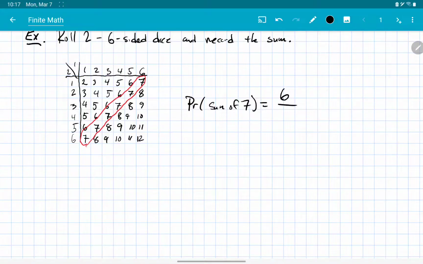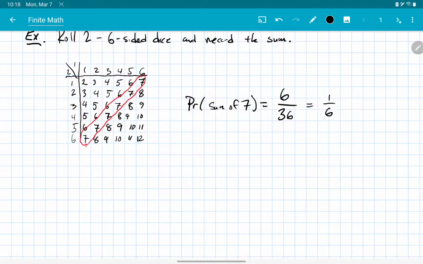There are a total of 36 sum outcomes in this table. So this would be 6 over 36, or 1/6 of the time. That's about 17%, or 0.16 repeating. So 1/6 of the time you will get a 7 when you roll 2 dice.